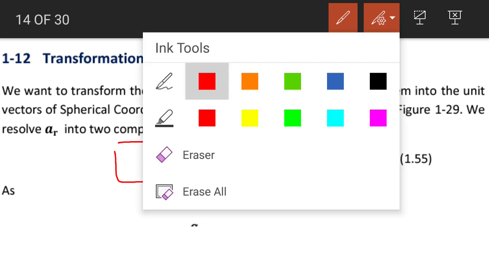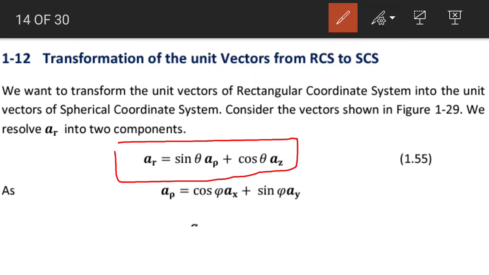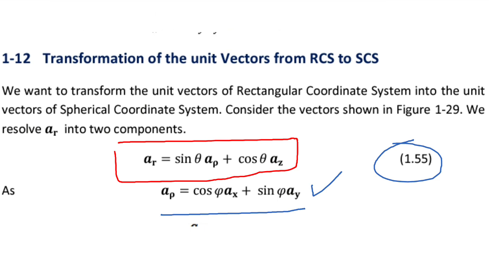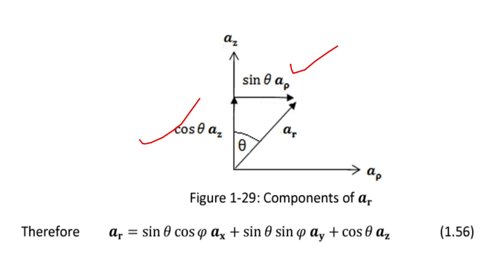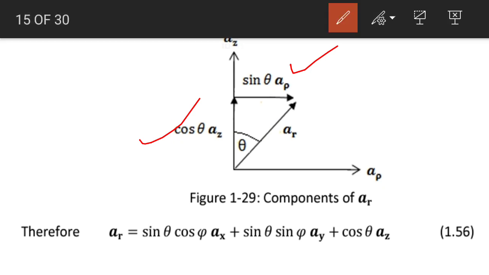We know that a rho is equal to cos phi ax plus sin phi ay. We resolved this unit vector a rho into these two components in the cylindrical coordinate system. So we put the value of a rho in equation number 55, and we obtain equation number 56.